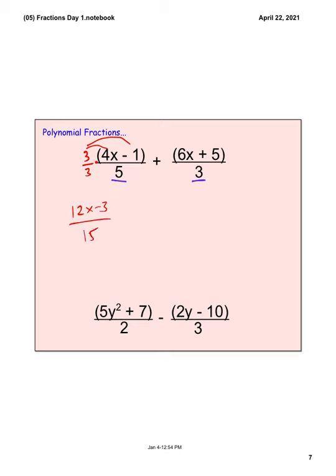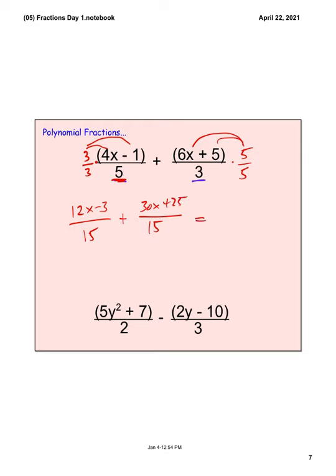Again, we're just building up, kind of unreducing this, if you will, tripling the top and tripling the bottom. And similarly on the right side, we're going to multiply by a 5 over 5, which is the denominator of the other, so that we can get this denominator to be 15. And when we do that, 5 times 6x is 30x, and 5 times 5 is 25.